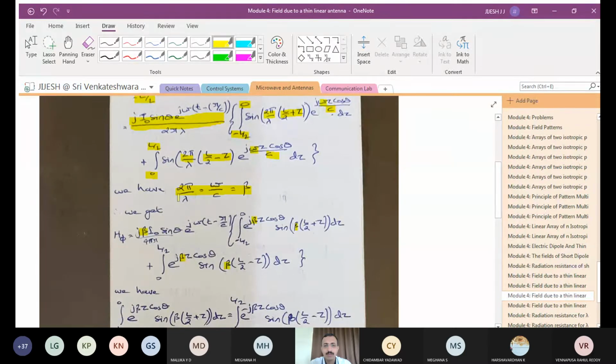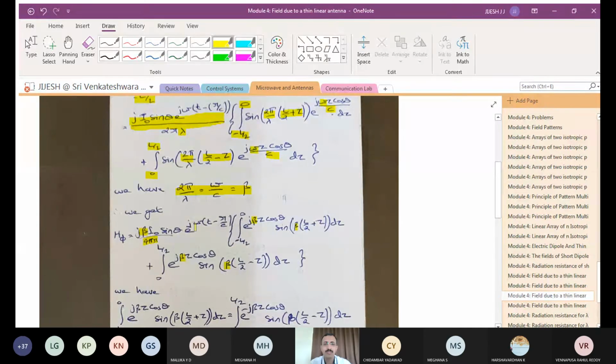So what you know is that 2 pi by lambda is beta. So lambda is 2 pi by beta. So in place of lambda, you can write 2 pi by beta as well. That's what you can see here: it came as 4 pi r in the denominator.